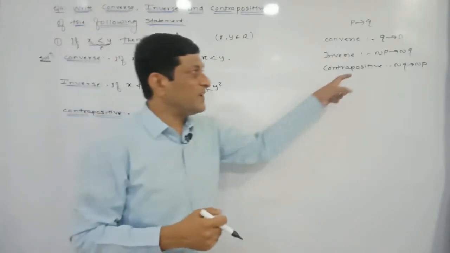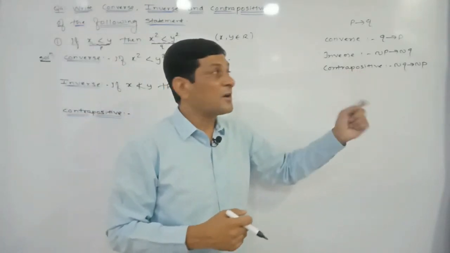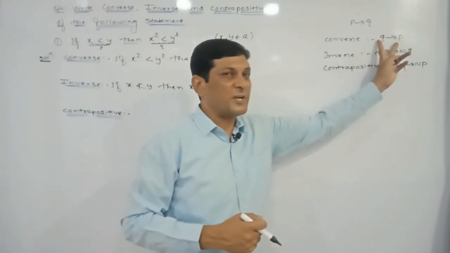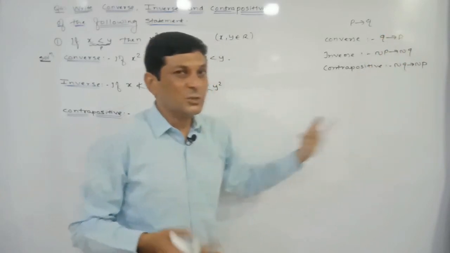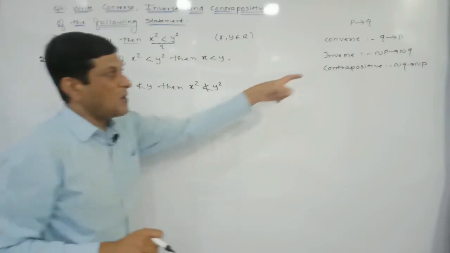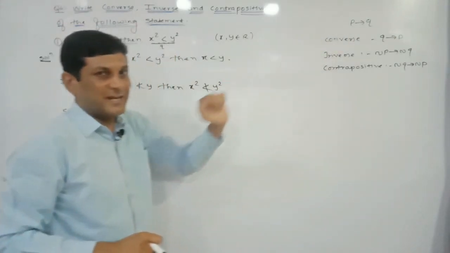Now lastly we are finding the contrapositive. While finding the contrapositive, whatever the converse statement is, in both the parts use negation. The new statement will be the contrapositive of the given statement. Is it clear?